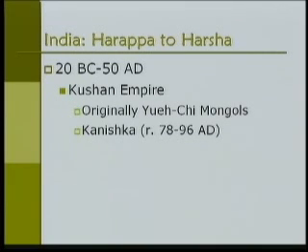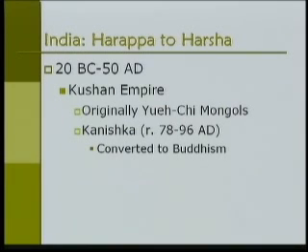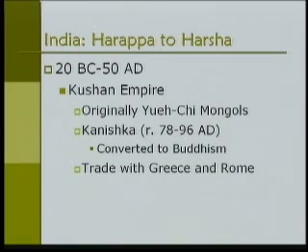And then further, they spread to central India. The Kushan Empire is known for the great king Kanishka. And just like Ashoka was to Maurya, Kanishka is to the Kushan Empire. Just also like Ashoka, Kanishka also converted to Buddhism. But at the same time, he also supported Hinduism.